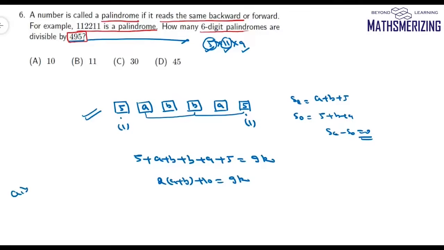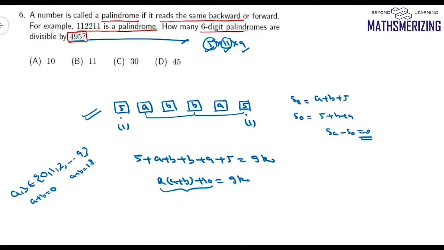Now we know that A and B belong to the set 0, 1, 2 up to 9. So what is the minimum value of A plus B? The minimum value of A plus B is 0, and the maximum value of A plus B here is 18. Now we need to find all the possible combinations of this sum A plus B so that 2 times A plus B plus 10 is divisible by 9.